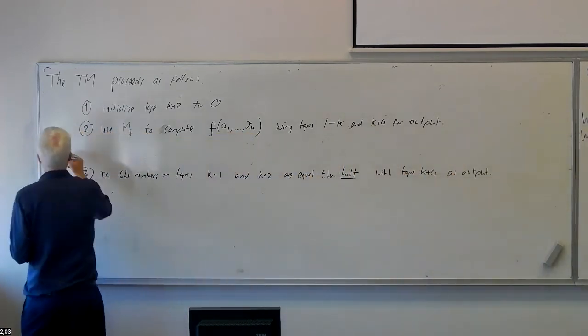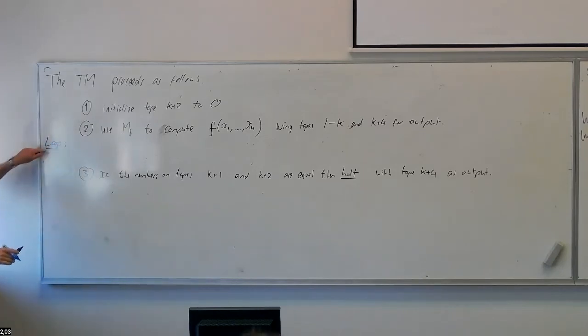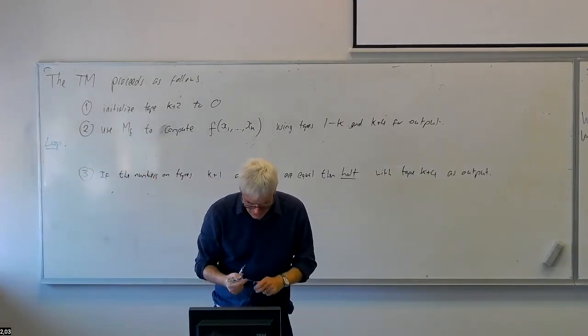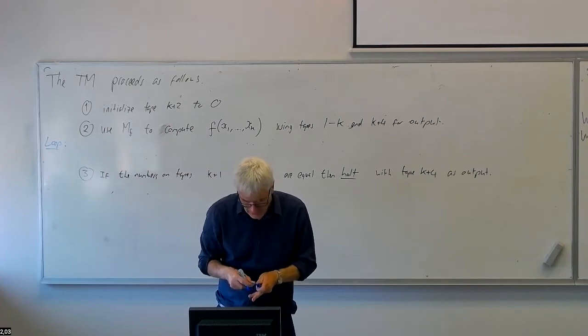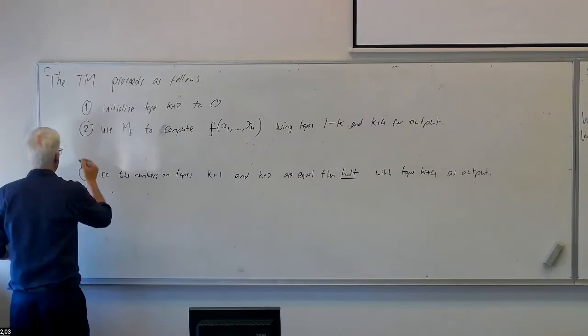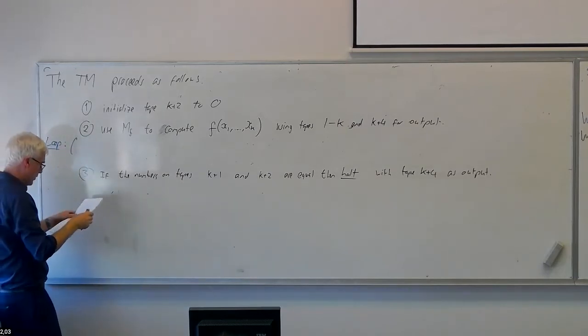Here, what I'm going to do is put a looping point. So our Turing machine is going to loop back to this point. This is like a label in a computer language for a looping point. This isn't an instruction, but I just want to say what's always going to hold when we get to this looping point.